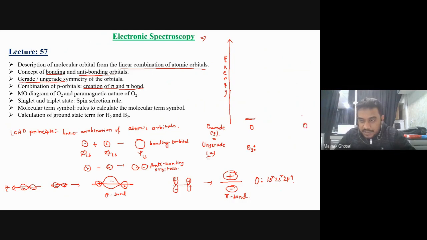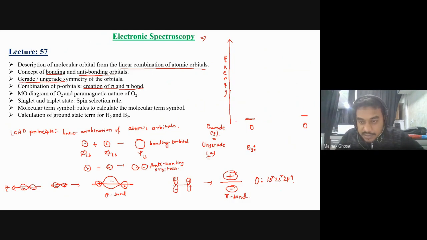Both will have the same energy? Yes. Why am I writing these oxygen atoms on both sides? Because I want to see how the oxygen molecule will look. So for the oxygen molecule we need two oxygen atoms. Okay. So I am writing two oxygen atoms like this.